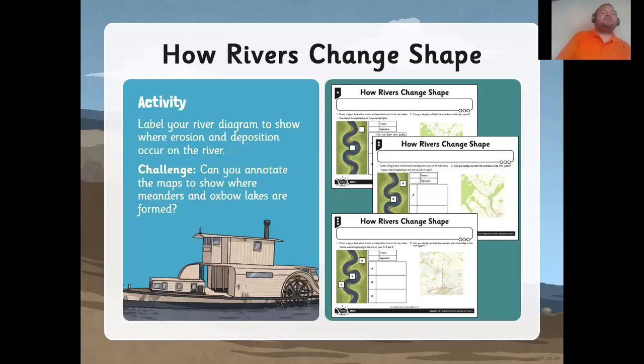How rivers change shape. Label your river diagram to show where erosion and deposition occur in the river. For example, if you have a map on your desk, you can annotate the map to show where meanders and oxbow lakes are formed.